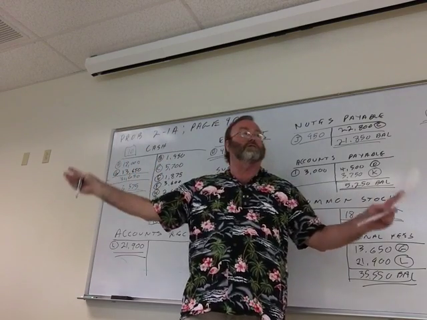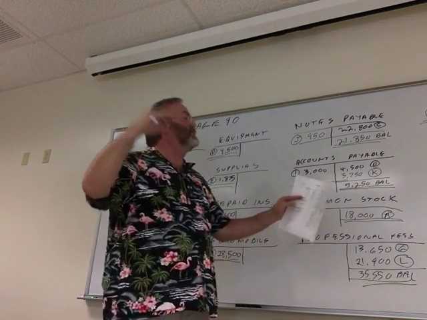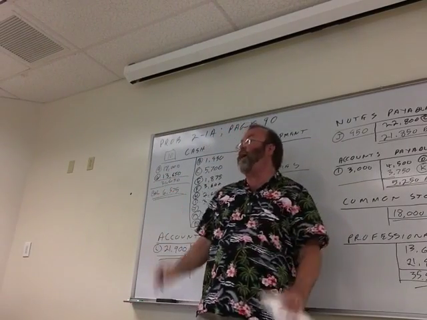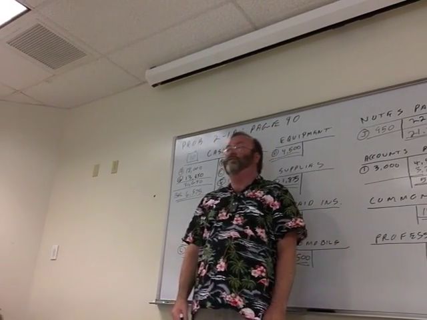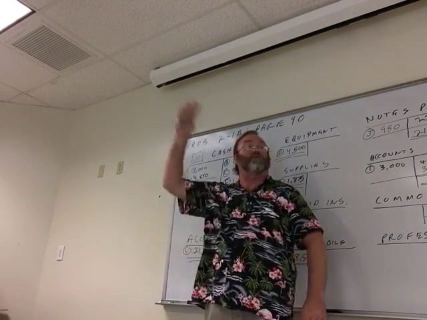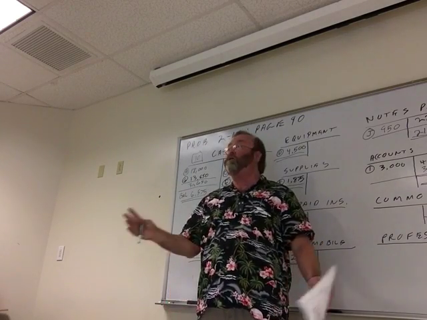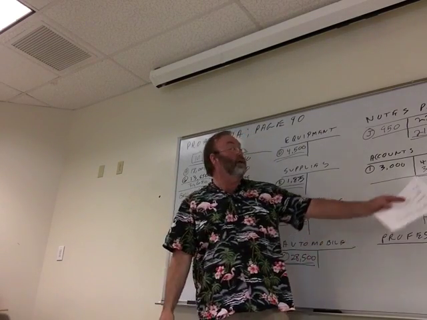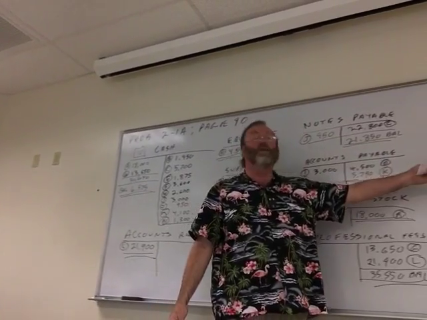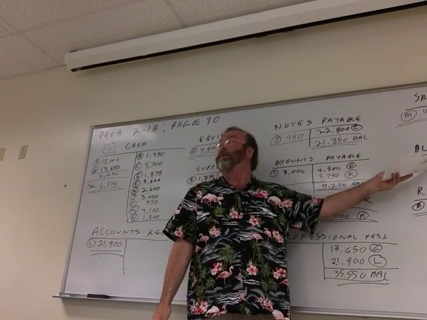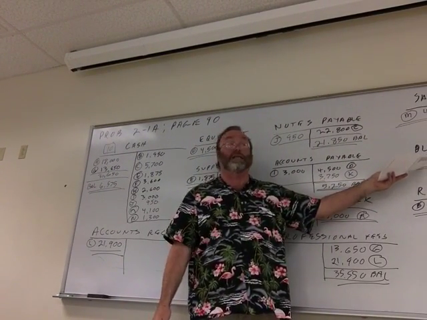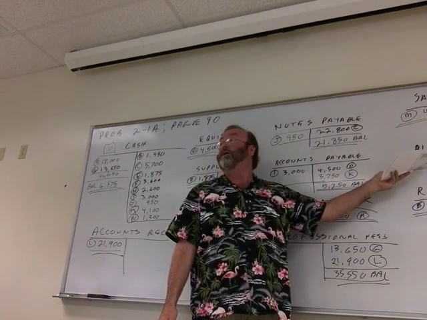You take the difference. Let's say in this case the difference is $3,500. You look for that in all your journal entries. And sure enough, you've got that number as part of the transactions that you analyzed.